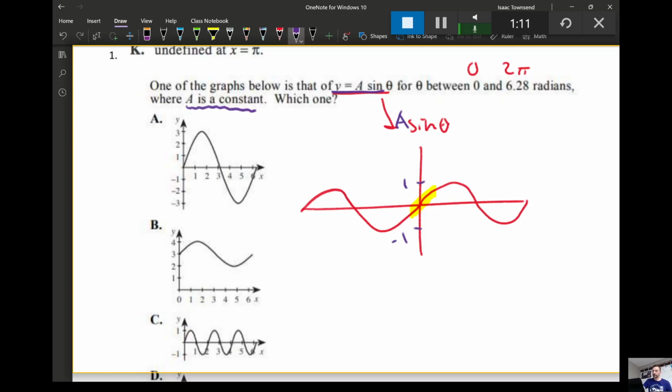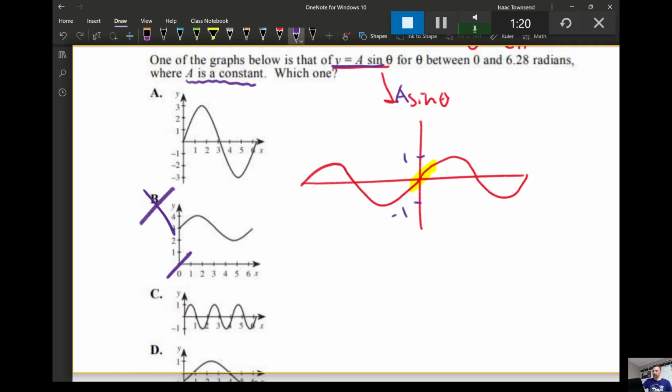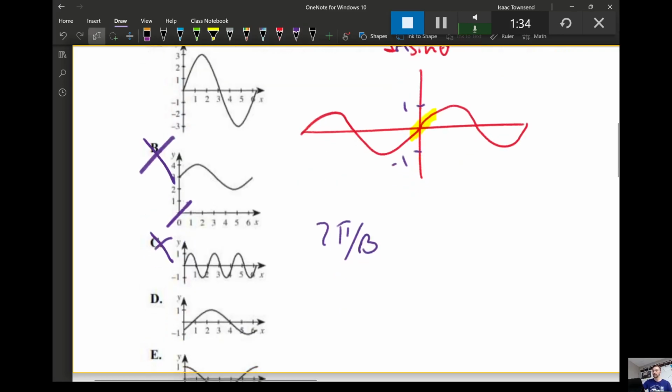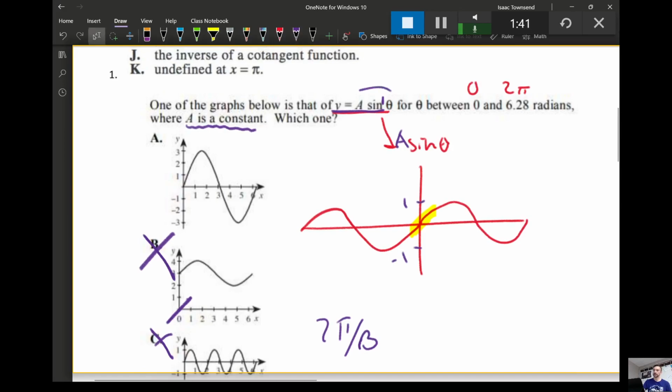But this one doesn't go up through the origin correctly, so that's not a sine graph unless it was shifted left or right or something, and this one's not. This one is, but this guy's period has changed, and period is 2 pi over b, and in this equation b is 1, so the period's supposed to be 2 pi, so that period's off for choice C. And choice D, same thing, it's not going up through the origin, which can be fine if you're shifting it right or left, but based on this equation they gave me, it's not being shifted right or left.